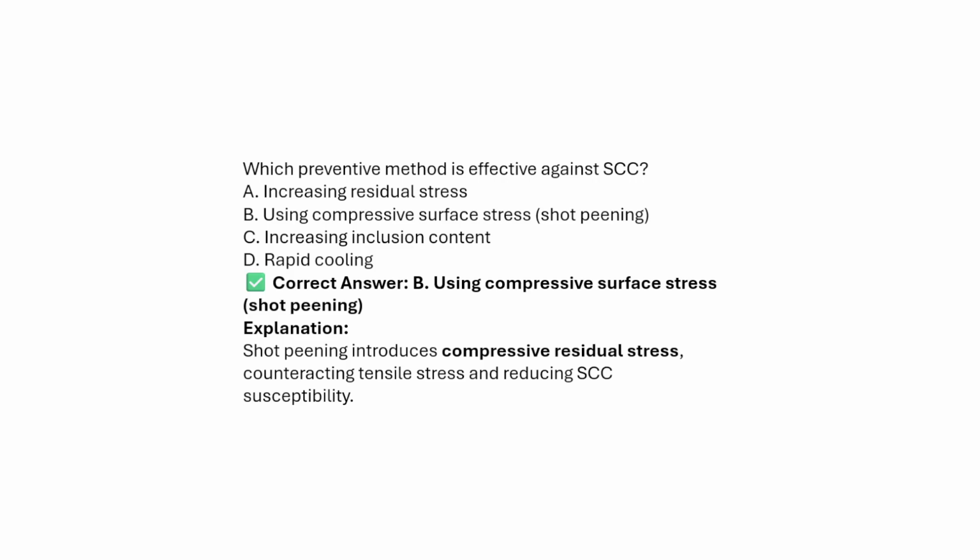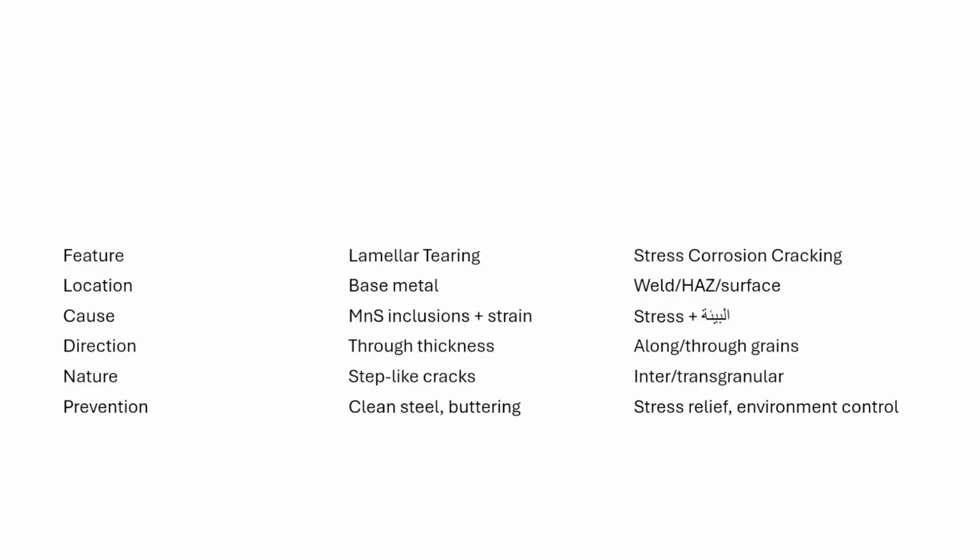If we do the shot peening operation, that will induce compressive stresses, which will reduce stress corrosion cracking. Shot peening introduces compressive residual stresses, counteracting the tensile stress and reducing stress corrosion cracking susceptibility.